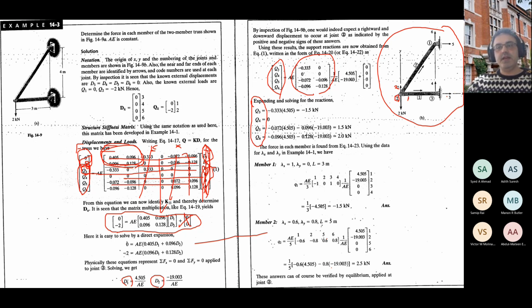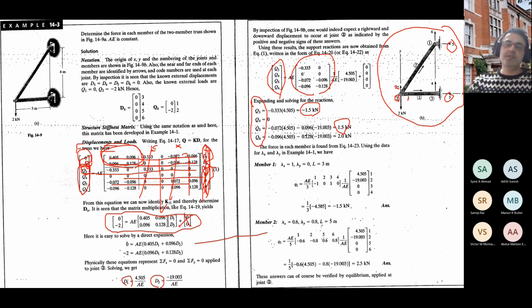So summation of fx is the support reaction in degrees of freedom 3 plus 5, and we don't have any external forces, so it should be 0. Take a look here, 3 is minus 1.5, and this is plus 1.5, and the summation of these two numbers is 0 and should be 0. So the summation of fx equal to 0, which is one of the equilibrium equations, is verified.